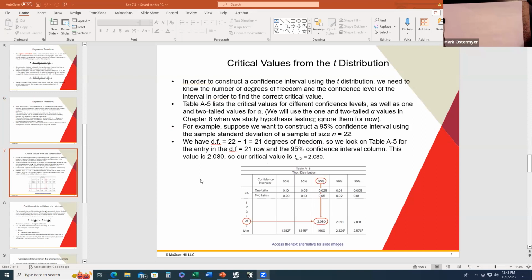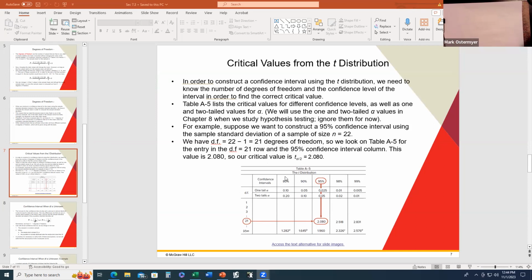All right, now how are we going to find these critical t-values? Well, back in the old days, before we had this marvelous TI-84 calculator, we had to use a t-table in the appendix of our book to find these critical t-values.